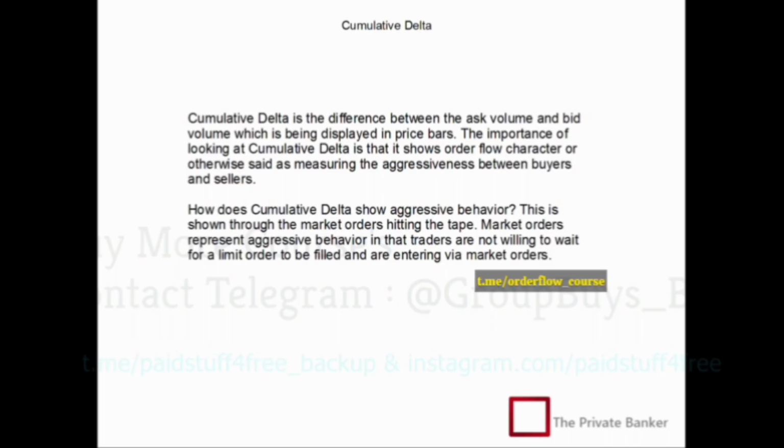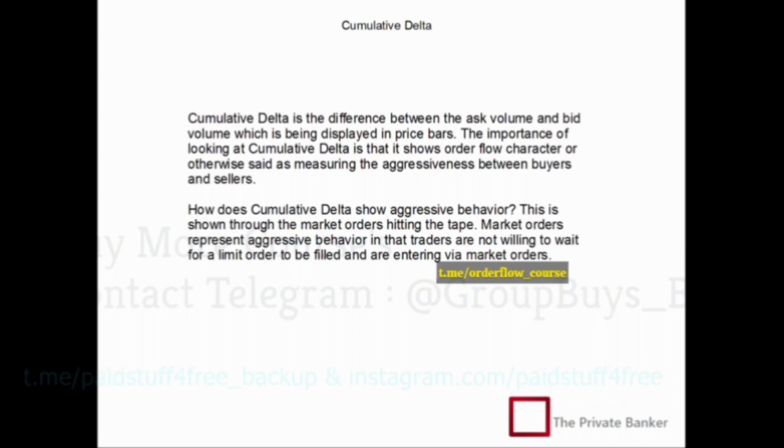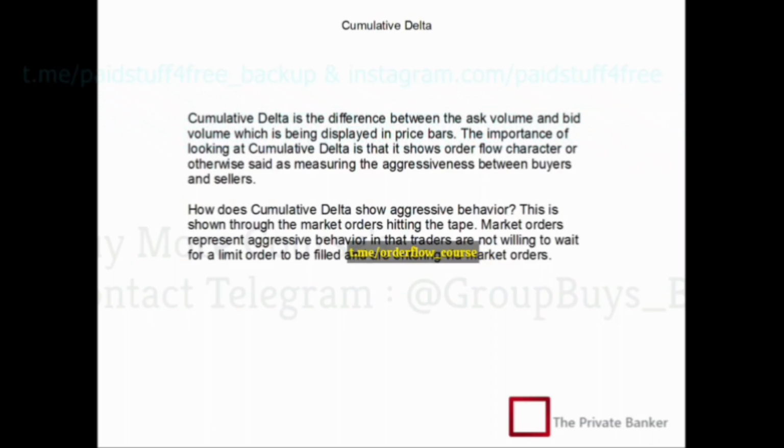Also, if a seller wants to really sell the market down, that would be seen as hitting the bid, for example. Sell market orders will fill on the other side of the market, at the bid. Contrary to that, buy market orders are going to fill on the offer, so at the market, the best price available, which would be the other side of the tape, obviously.